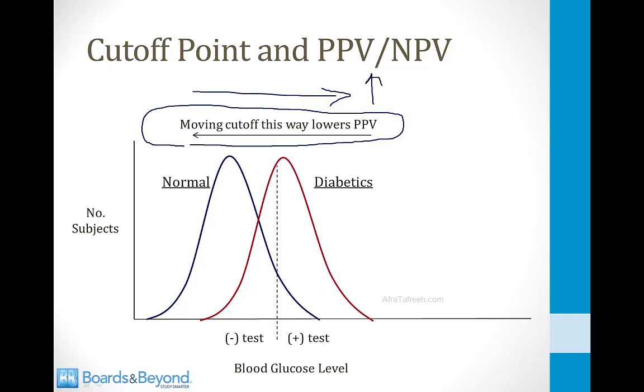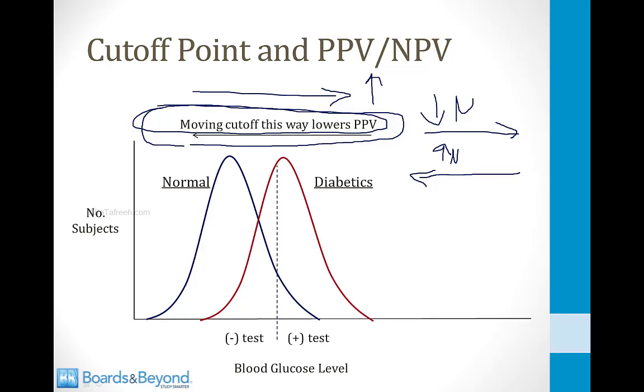And then negative predictive value is the opposite of positive predictive value. So you can figure everything else out by just thinking it does the opposite of what positive predictive value does. So for example, moving the cutoff this way will increase the negative predictive value, and moving the cutoff this way will lower the negative predictive value. That's the opposite of what positive predictive value does.